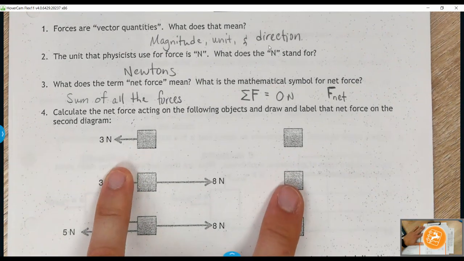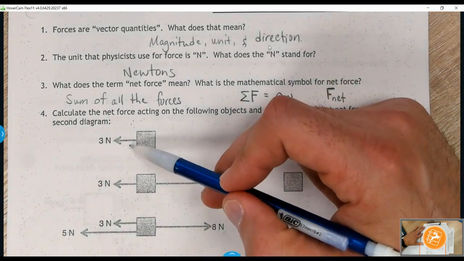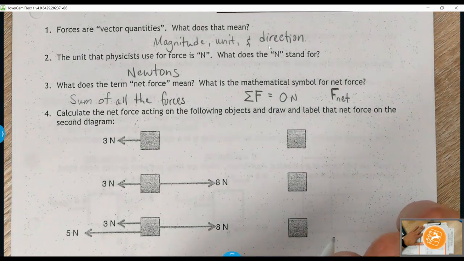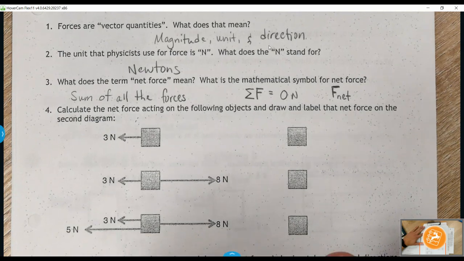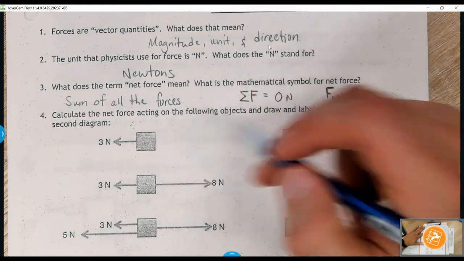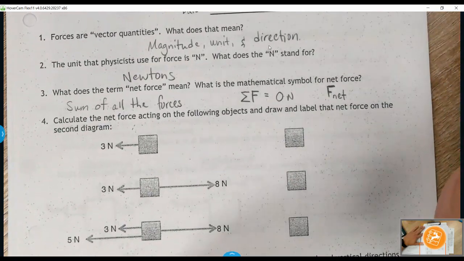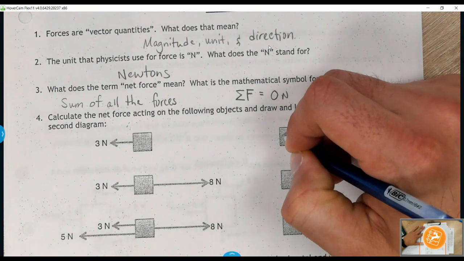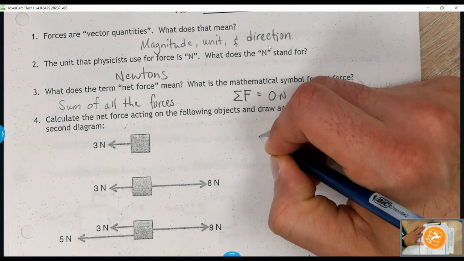Right now we need to draw and label the net force. How many forces are acting on this thing? 3. If there's only one force acting on it, can it have a net force of 0? No, right? Because I'm not subtracting anything. So it can't be. And then what happens if you do not have a net force of 0? Something's going to happen.